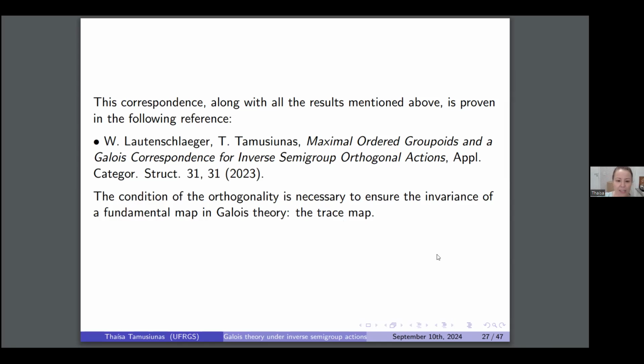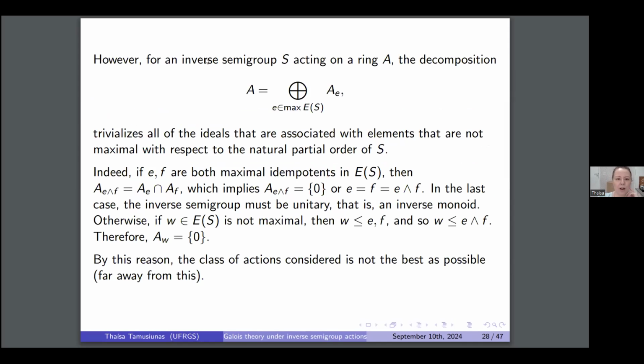So this is not the best possible, because here we have the decomposition of the orthogonal actions. Look at this decomposition. If we have E and F, both maximal idempotents in the set of idempotents, here we are considering that each inverse semigroup has an inductive groupoid associated, and this equality holds.